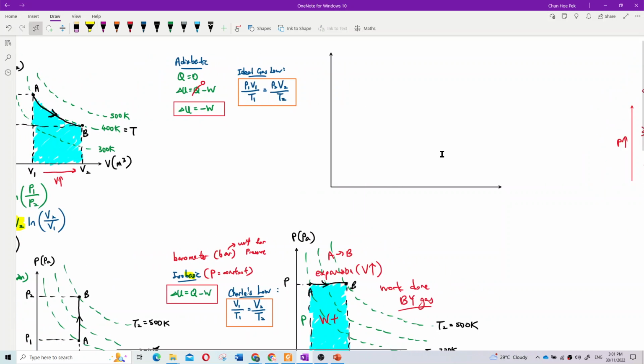How does the graph look like? Okay, so pressure in Pascal, volume in meter cube, and then 0. Okay, so let's draw the isothermal line.